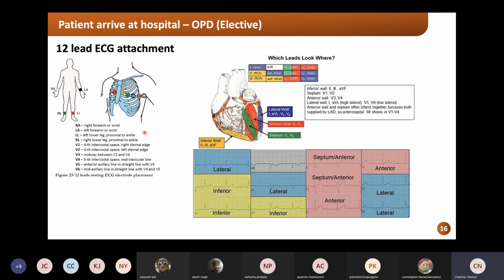In case you see ST elevation on leads 2, 3, and AVF, you may see ST depression on lead AVL, something like that. It's called reciprocal change. But anyway, you will learn about this further in the ECG next course.